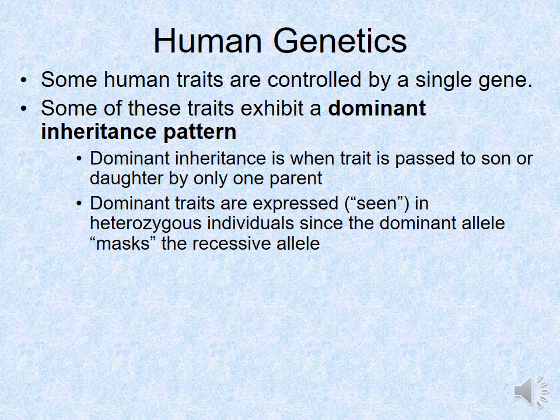So if the father or the mother has this dominant allele and they mate with somebody to create offspring, that offspring is going to have the dominant allele expressed, whether that child is homozygous dominant or heterozygous.